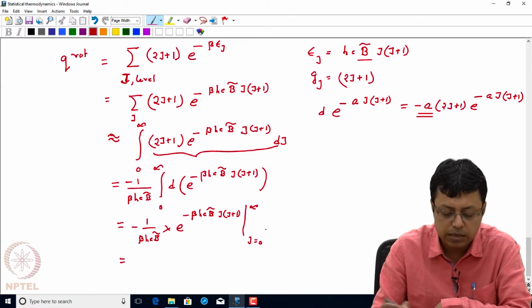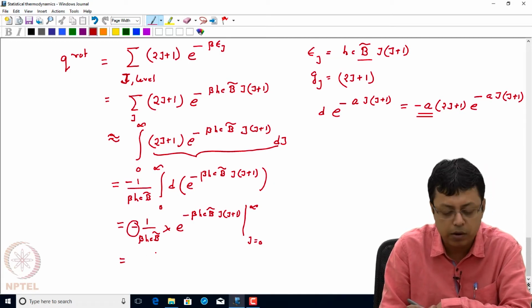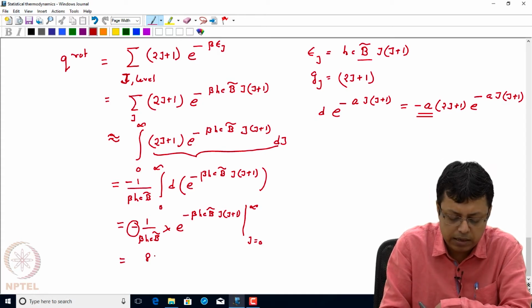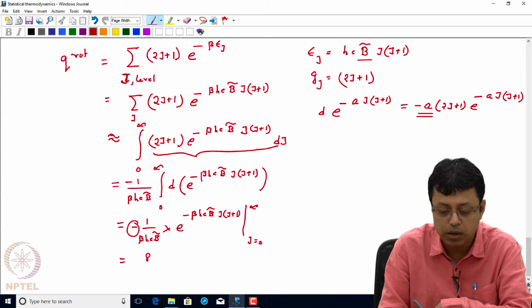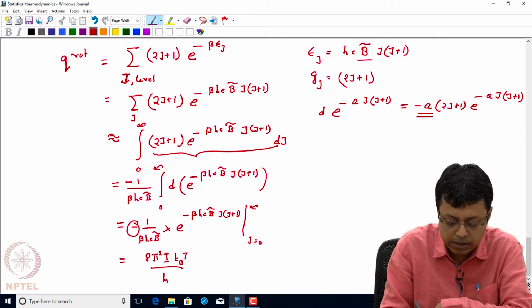Together it will be minus 1, and now you have a minus sign here, so it will be 1 over beta hc B̃. We can write the value of beta as 1 over kBT, and B̃ is 8 pi squared I kBT divided by h squared.